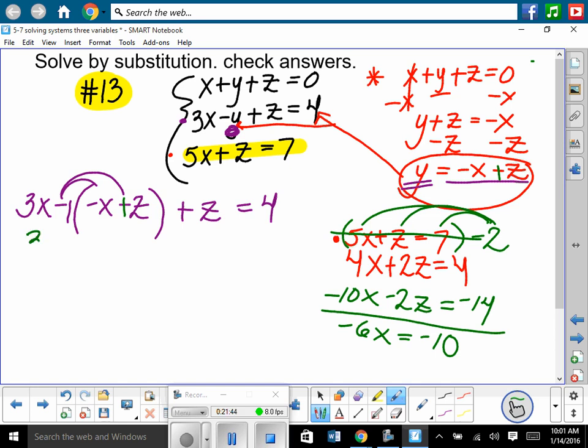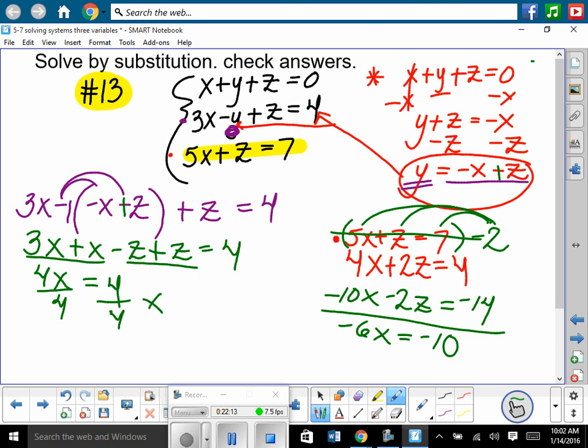So now what we have is 3x, and I just changed this to plus C. So 3x, still plus x, and then now it's minus z plus z is equal to 4. So we have 4x, the z's cancel out, is equal to 4. There we go! Hallelujah! Because now, isn't it easy to solve for x? Divide by 4, x is equal to 1.